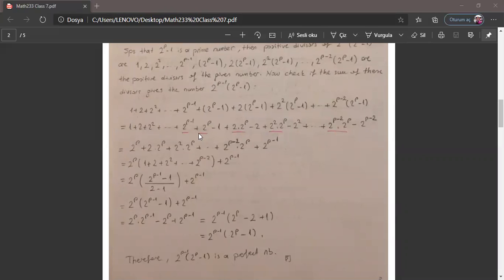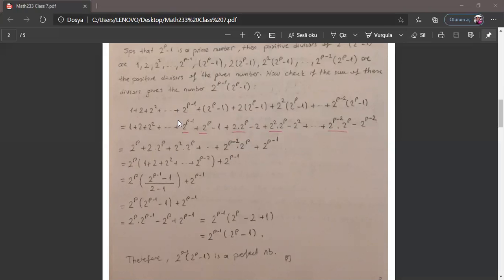Now here we have 2 to the p minus 1, and here we have plus 1. We will simplify them and get 2 to the p there. For this and this, 2 and 2 times 2 to the p minus 2, we will get 2 times 2 to the p. Till here, we will get 2 to the p minus 2 times 2.